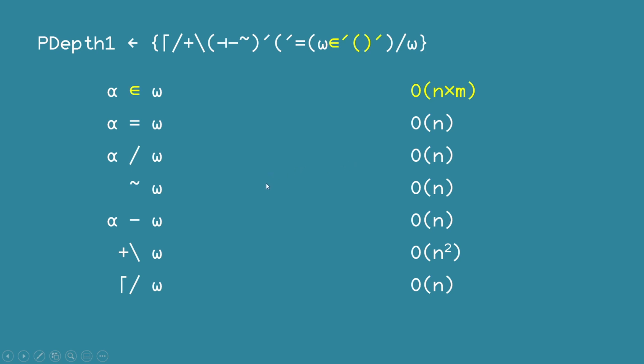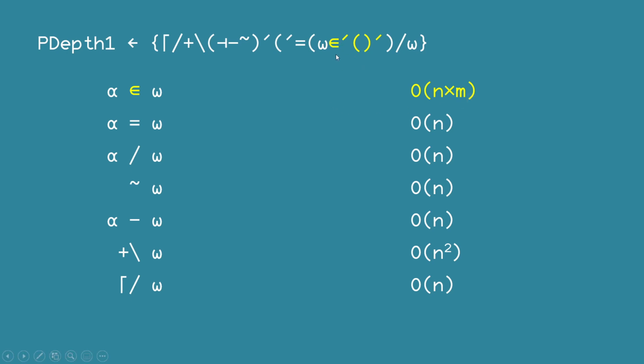Membership here is a comparison function, right? You're going to return an array the same shape as alpha, but with a 1 indicating that an item in omega has been found in that position. So in the worst case, you're comparing every single element of alpha to every element of omega, and that would be quadratic, order n times m, where n is the length of alpha and m is the length of omega.